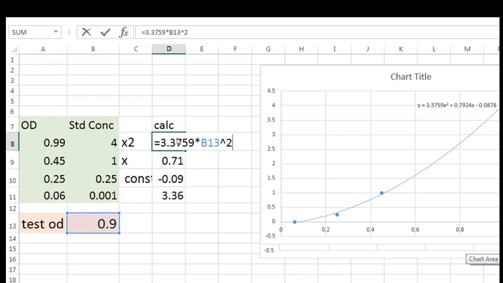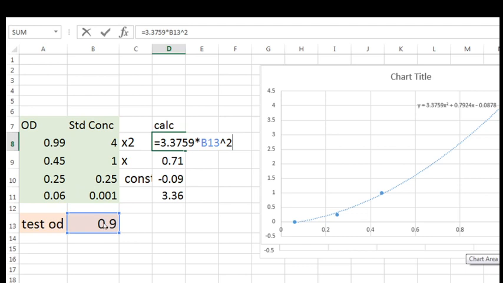So that is how I get the value for x squared. Similarly, I can use a formula for x, and I put the value of the constant over here. The constant over here is 0.0879. It has been rounded to 2 decimals as 0.09. Add up all these values and you get the concentration for the particular OD you've fed in.